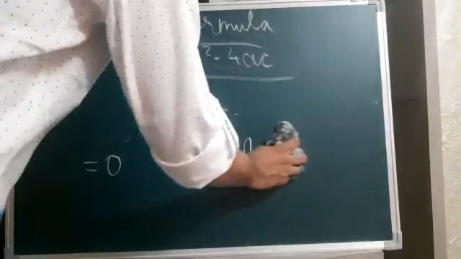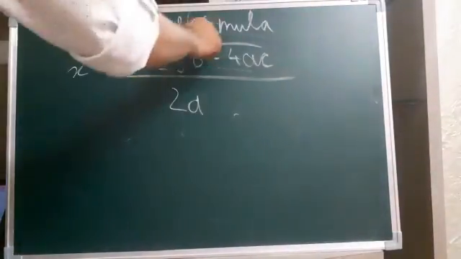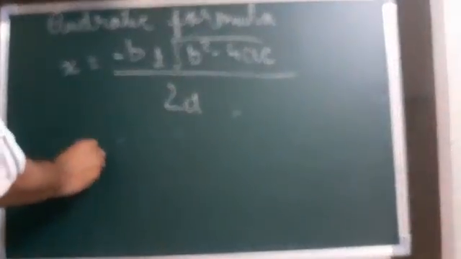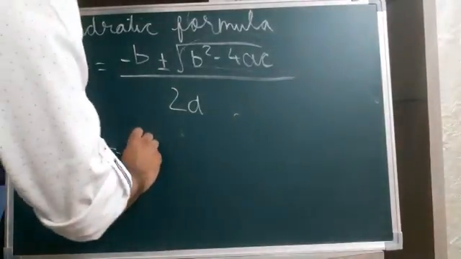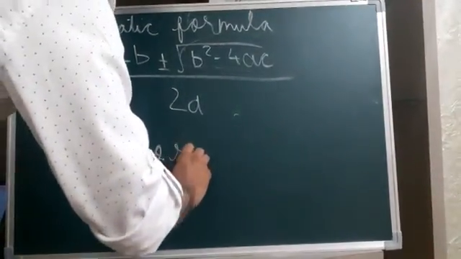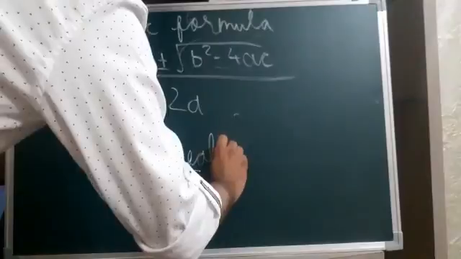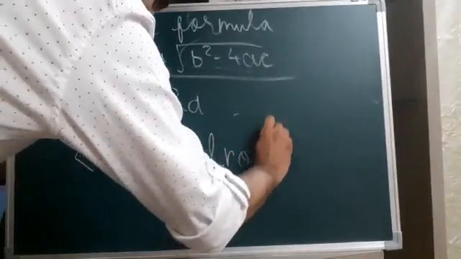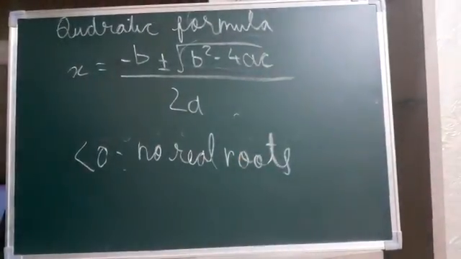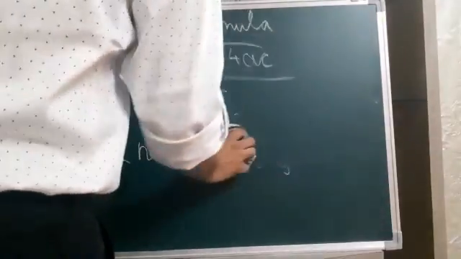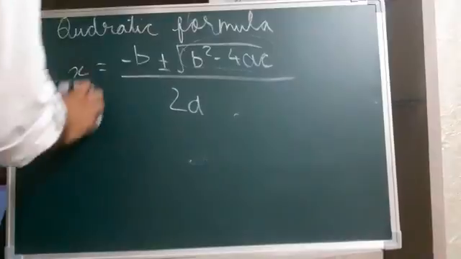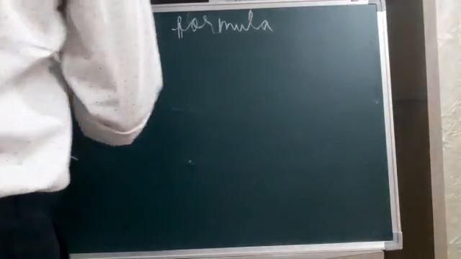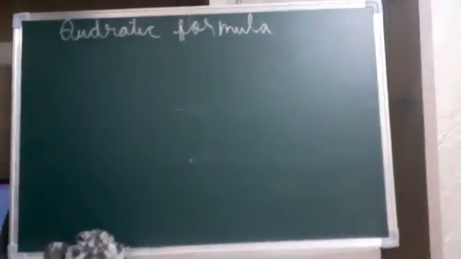And if this value is smaller than 0, then we have no real roots. Then the roots are imaginary or complex numbers, which you'll learn in later classes.